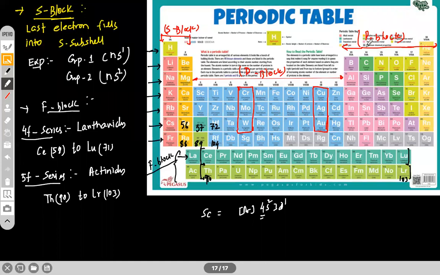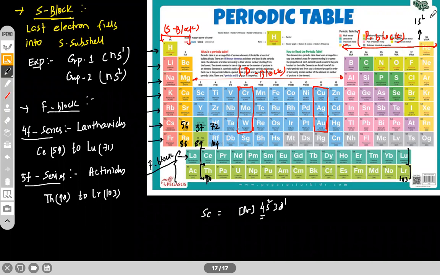Okay, if you look at the electronic configuration of boron, 1s2 2s2 2p1, right, p subshell. Carbon, 1s2 2s2 2p2, p subshell. Then 2p3, 2p4, 2p5, 2p6. Okay, helium is present in the p block, but the last electron goes into the s subshell. For helium, it is 1s2. It is not 1s2 2s2 2p1, right?